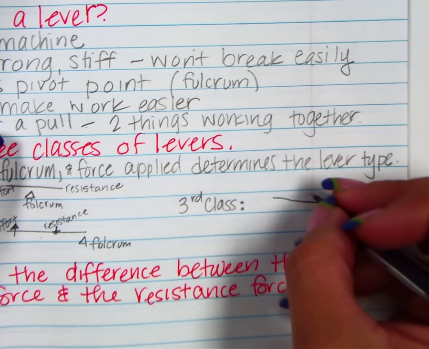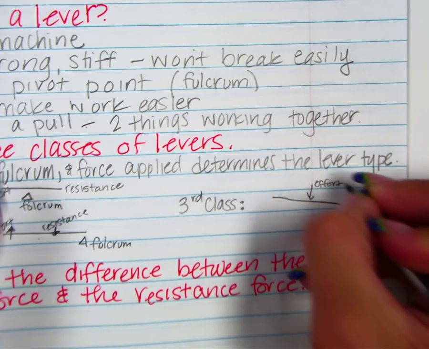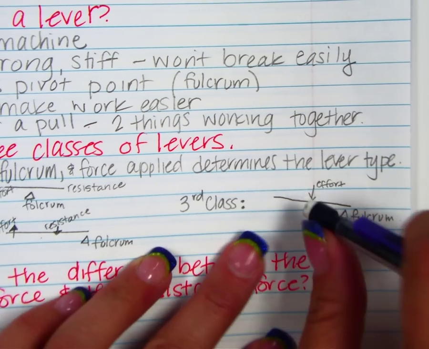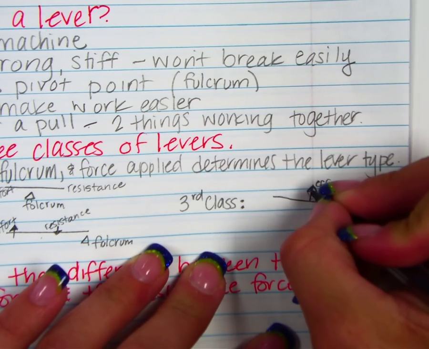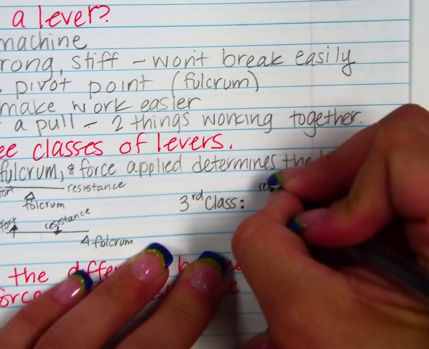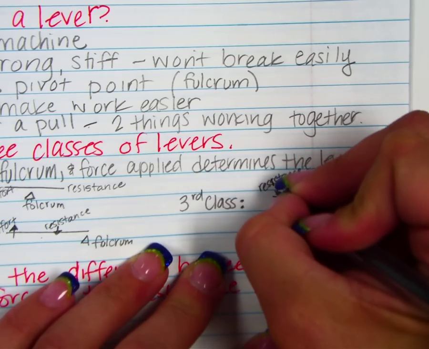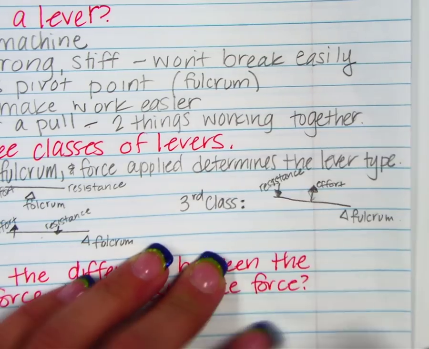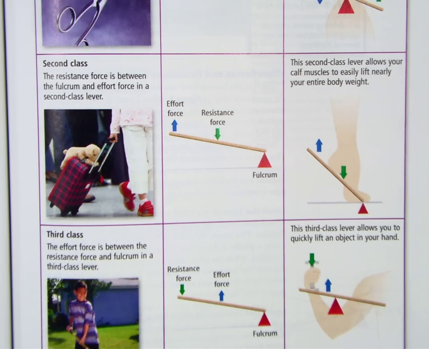We have our fulcrum still at the end. And in this case, our effort force is pushing up, and our resistance is pushing down on the other opposite end.